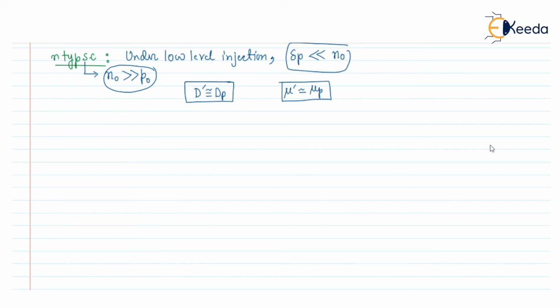So in an ambipolar transport, you can see that the ambipolar mobility is the minority carrier mobility, and the ambipolar diffusion coefficient is the minority carrier diffusion coefficient.